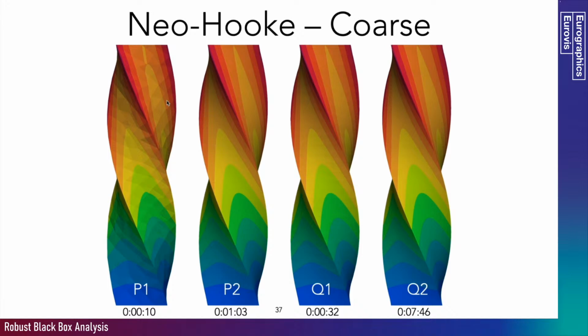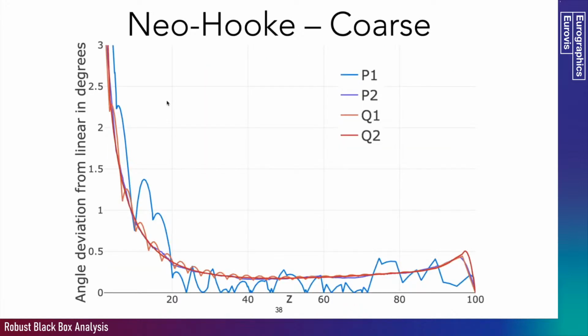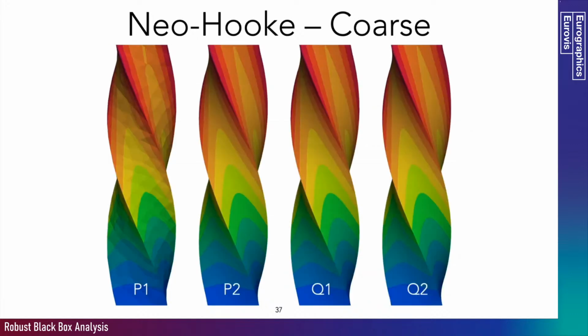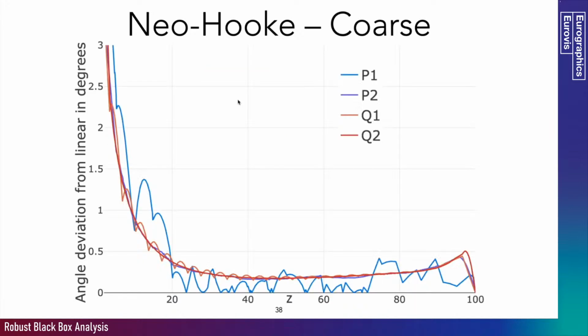So this is just a visual comparison. What we can do is look at the actual values. Here what I'm plotting is the deviation from a linear rotation in the angle across the section of the bar. For every bar here I'm sampling the displacement, computing the rotation angle and plotting the deviation from the rotation angle.